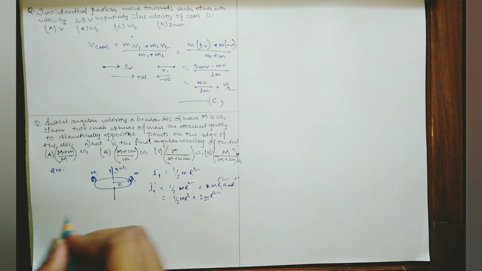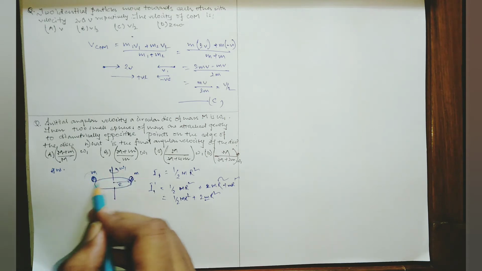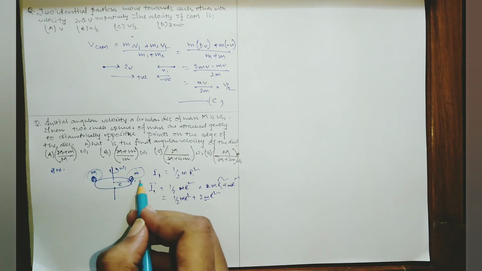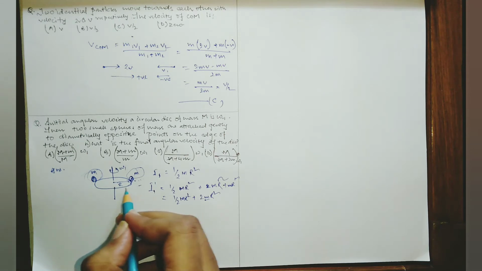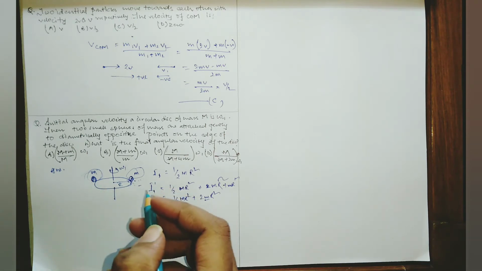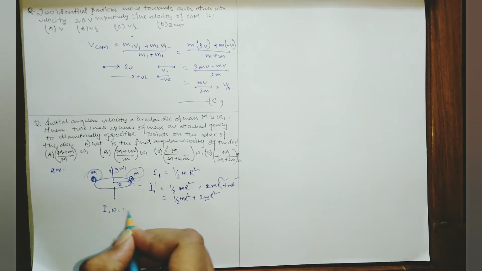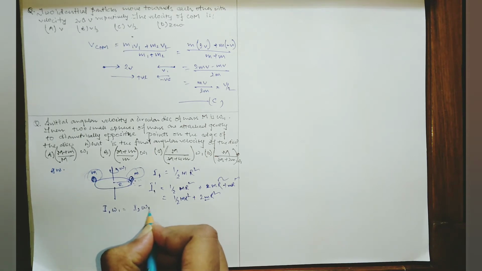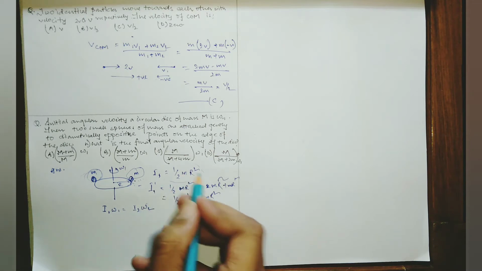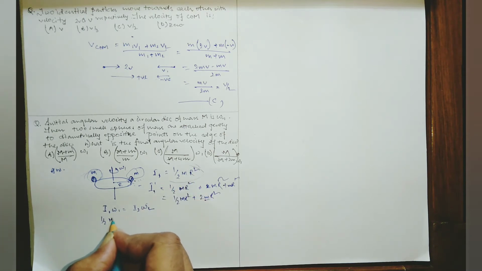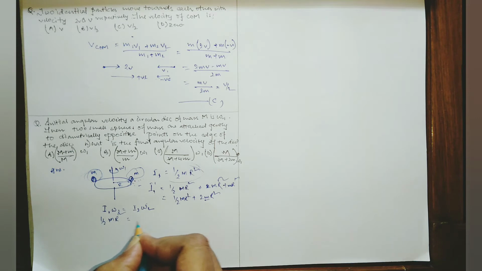Now, while placing these masses, there is no external torque acting on the body, so the angular momentum will be conserved. So I1 omega 1 will be equal to I2 omega 2. Now I1 is given as half of M r square, and omega 1 is the angular velocity of the first disk.